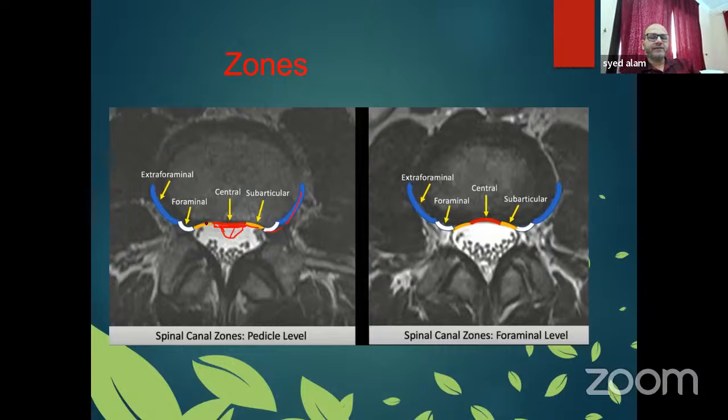If the disc is here, suppose this is a protrusion again, then it is a disc protrusion on the right in the subarticular region, and this is the traversing nerve root. Suppose this is the L4-L5 disc. This is the L5 traversing nerve root, and this is the L4 exiting nerve root.